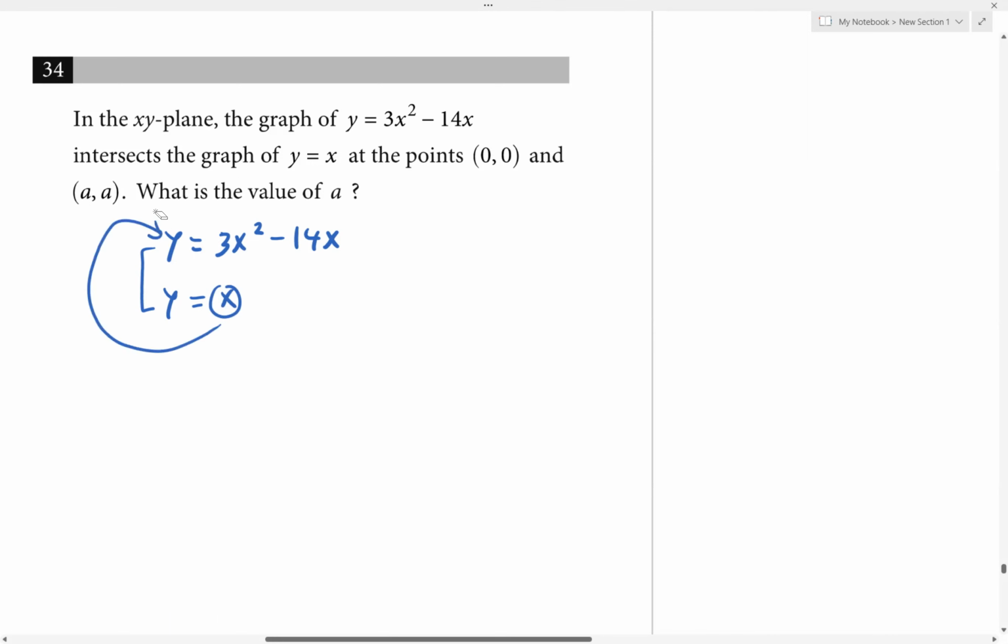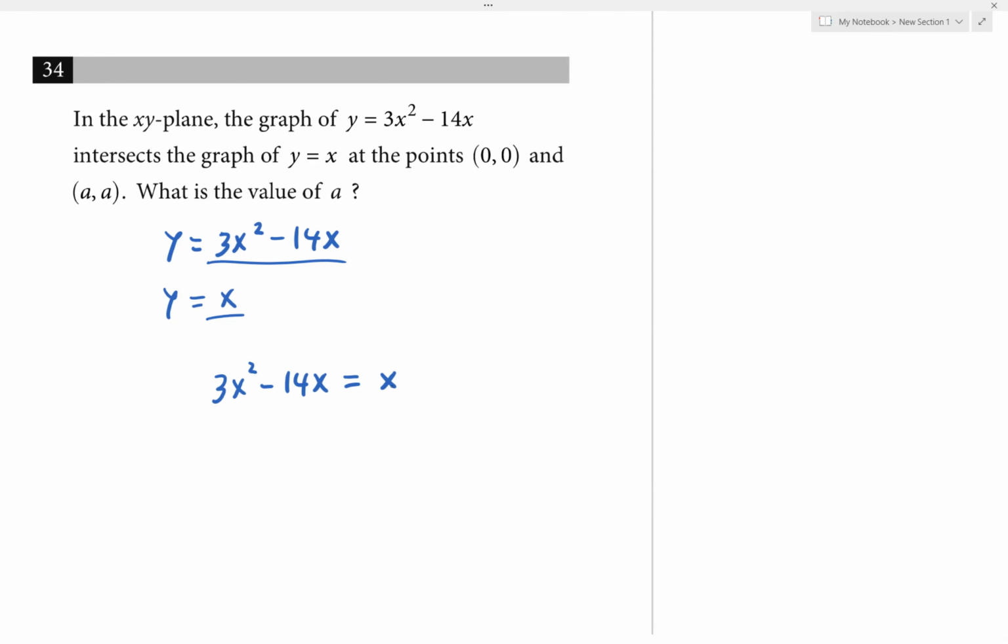So you get 3x squared minus 14x equal to x. The meaning behind this is we're trying to figure out for what x value the y value will be the same. At that point, that's a point of intersection.